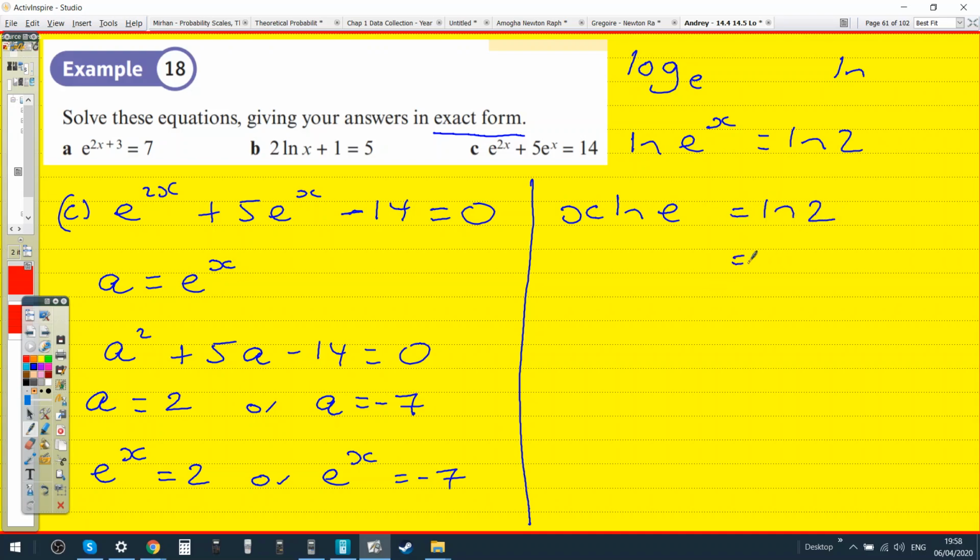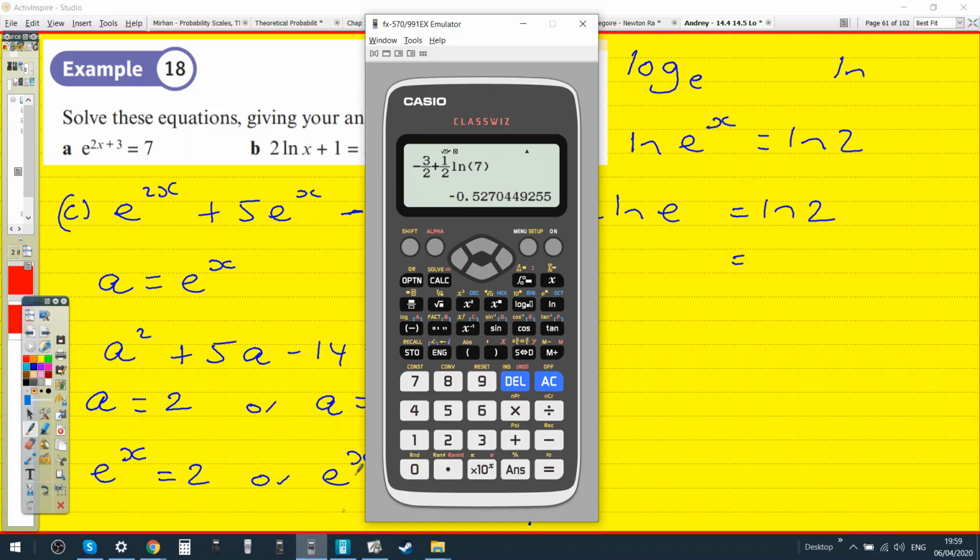Mm-hmm. And then would it be x is equal to... I'm not able to do ln 2 minus ln e, or am I? Sorry, ln 2 divided by ln e. And what is ln e? Ln e is log e to base e. Okay.